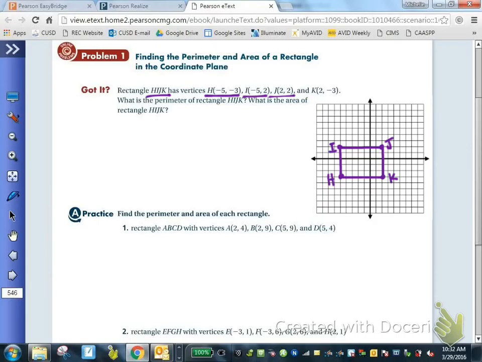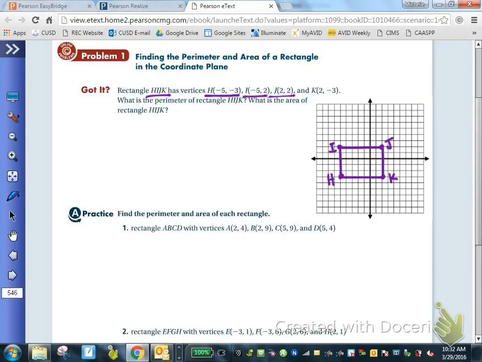Okay. Now I recognize that you can just count, however, I do want you to show some work. So we are going to find the side lengths of each of these. Let's do the side length of HK.